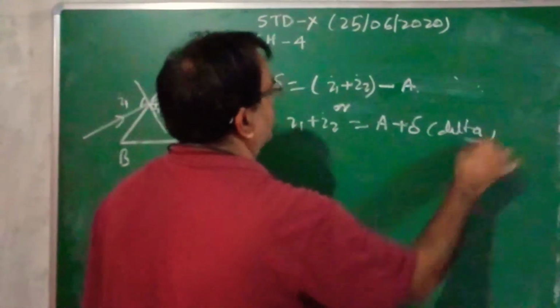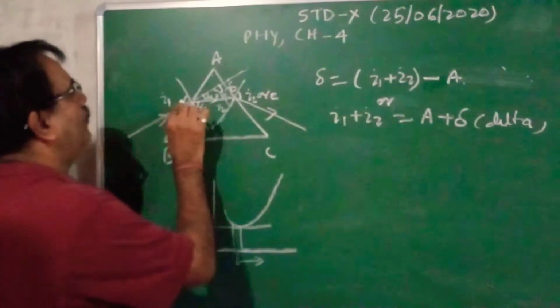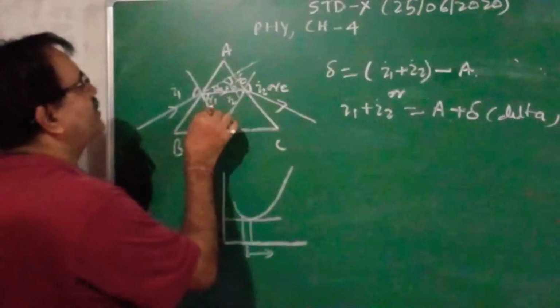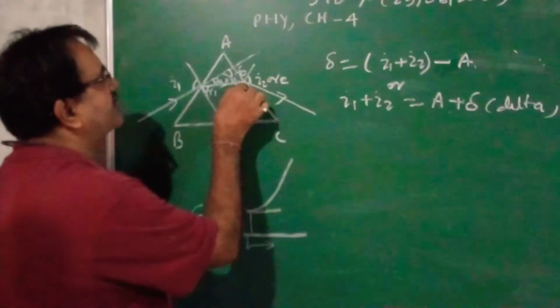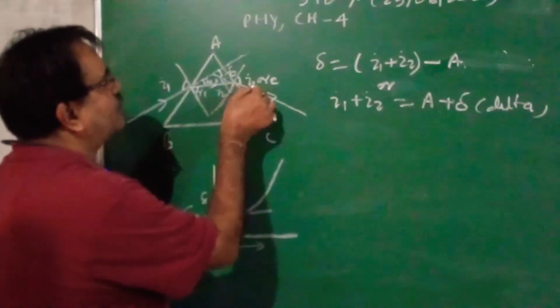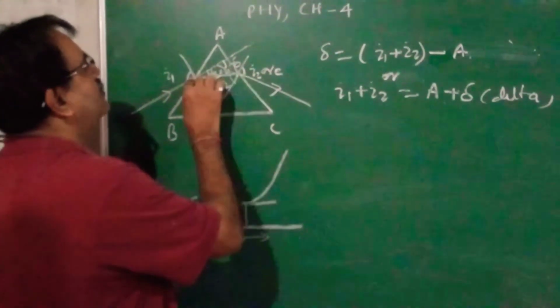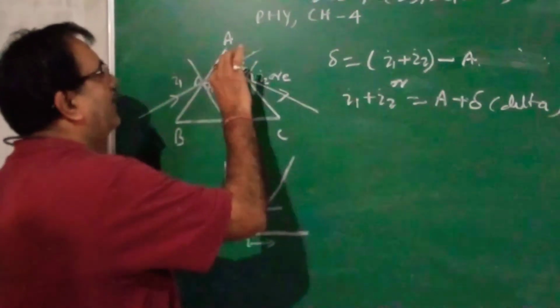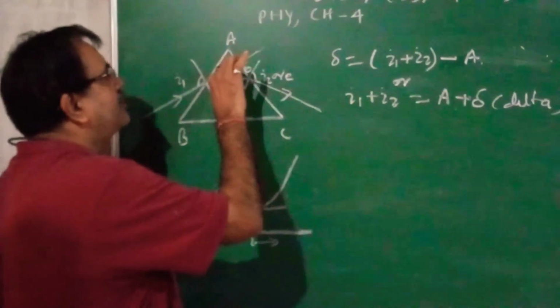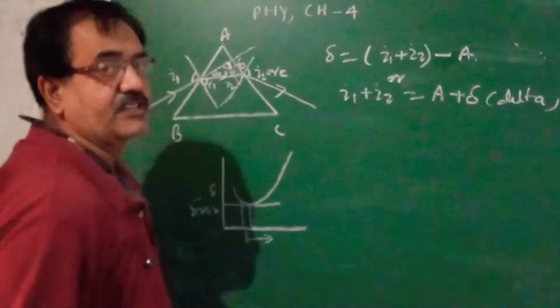Delta means deviation. So once again, this is the angle of incidence I1. This is the angle of refraction for this phase, and this is R2, the angle of refraction for the second phase, and I2 is the angle of emergence. When we produce the incidence ray and emergent ray, where they intersect, an angle is made. This angle is delta, known as deviation.